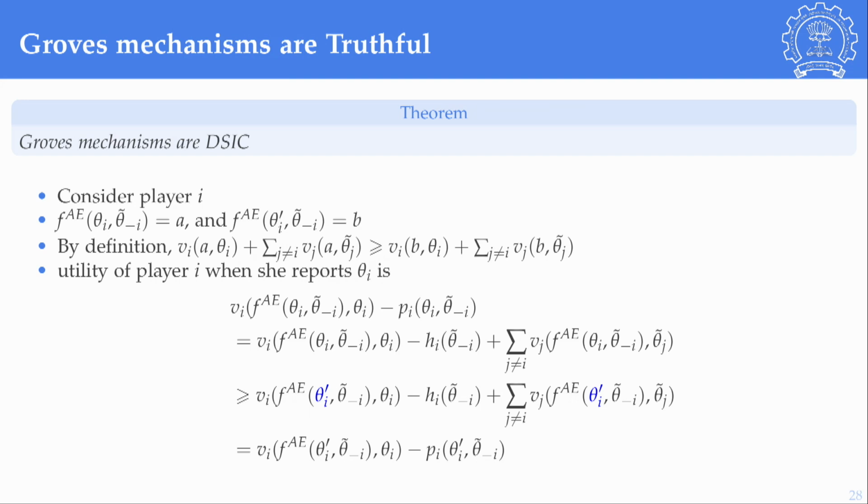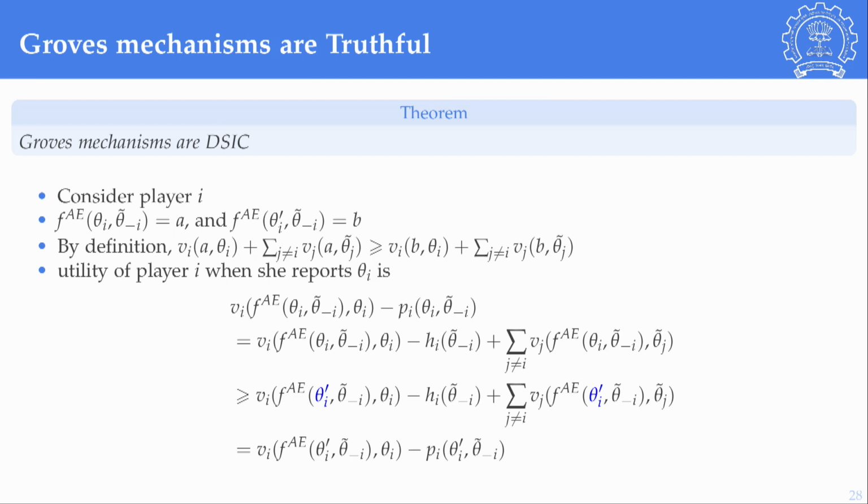Notice that this function is not dependent on theta I at all. So agent I has no role to play; this will be a constant term on both sides of the inequality. And because of what we have just shown, that this is greater than or equal to B, which happens to be when this agent is misreporting, you unravel that again and make this your payment.